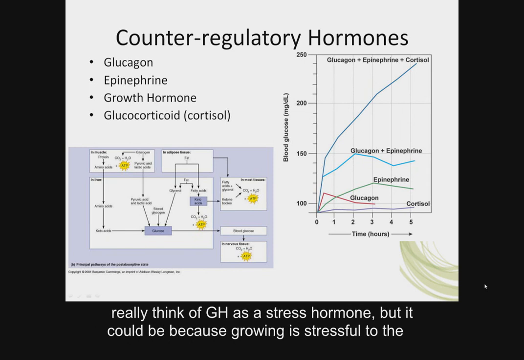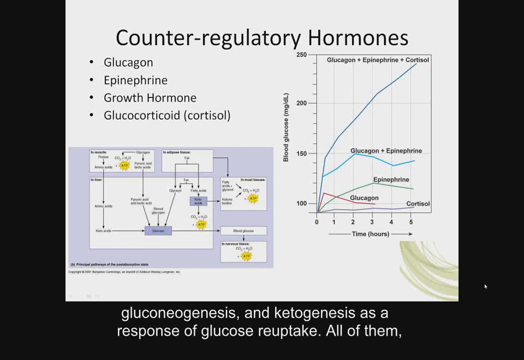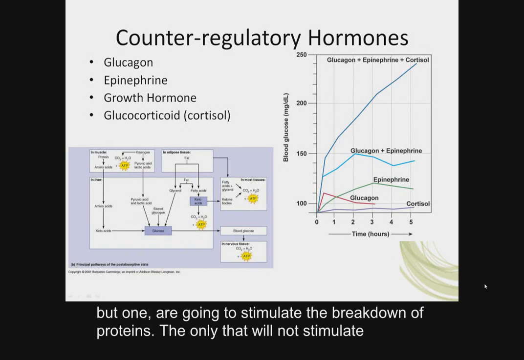We don't really think of growth hormone as a stress hormone, but it could be, because growing is stressful to the body. These hormones share an increased release of fatty acids and accelerated gluconeogenesis and ketogenesis as a response of glucose reuptake. All of them, but one, are going to stimulate the breakdown of proteins.